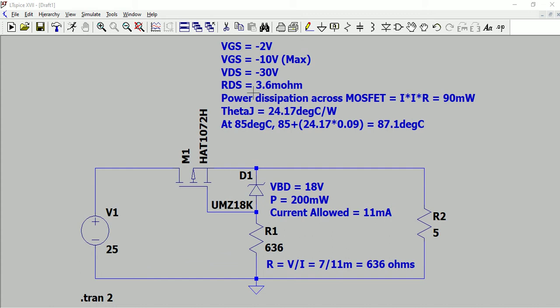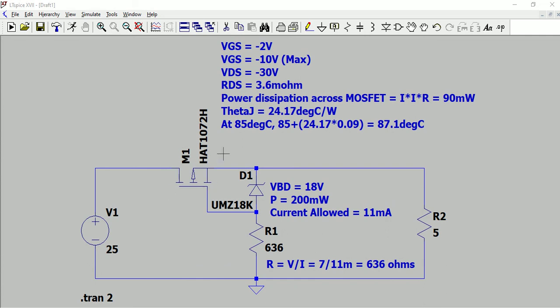For this particular MOSFET, for a given 5 amps of current, the power dissipation across this MOSFET is given by I squared R, where I is 5 amps, so 5 into 5 into R. R is 3.6 milliohms, because once the MOSFET is on, it is treated as a simple resistor.